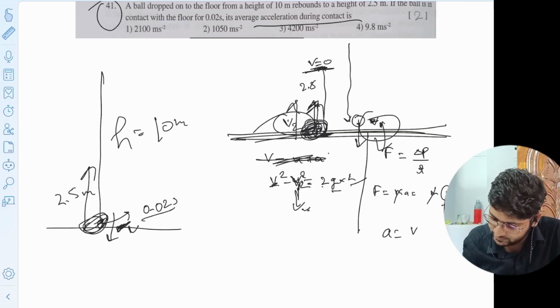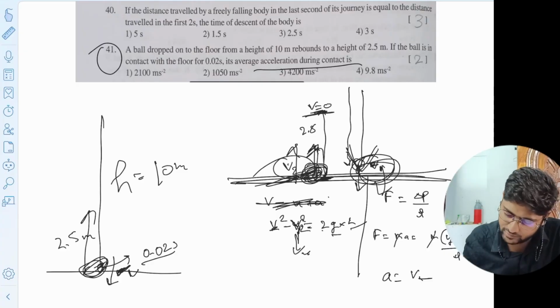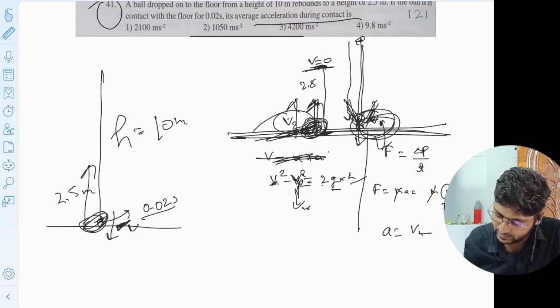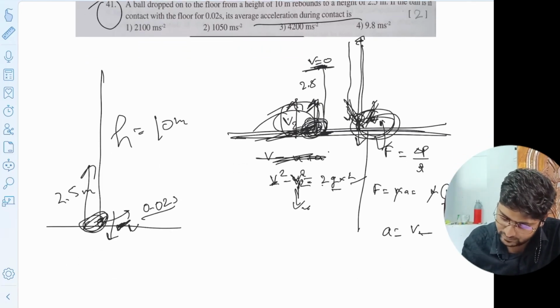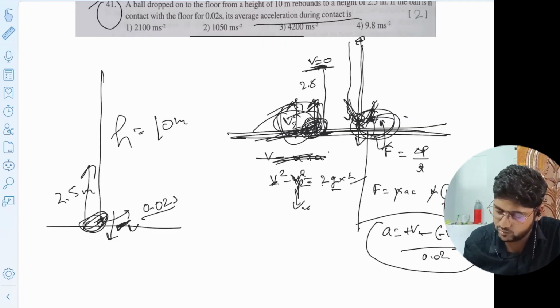You can calculate the velocity at this point when the ball falls from 10 meter. Again apply the same formula, v square minus u square equals 2as. So minus of minus v1, whatever velocity you have taken here, divided by time 0.02 second. Then that will be your acceleration.